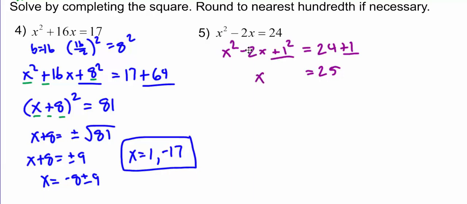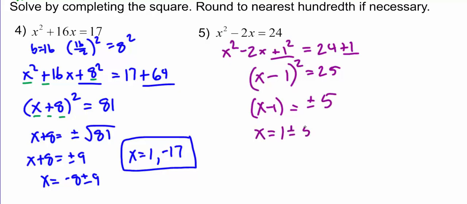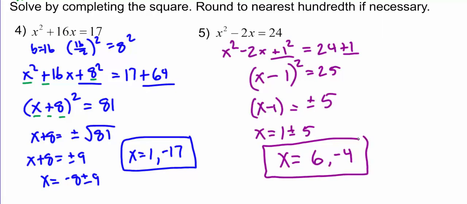In this case, it's x, it's this symbol, and it's this number, so x minus 1 quantity squared. Square root of both sides gives us x minus 1 equals plus or minus 5. So x equals 1 plus or minus 5. And again, we'd go ahead and clean that up. 1 plus 5 is 6. 1 minus 5 is negative 4. So we have two solutions to that equation.